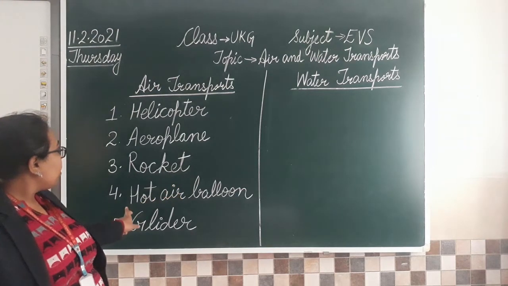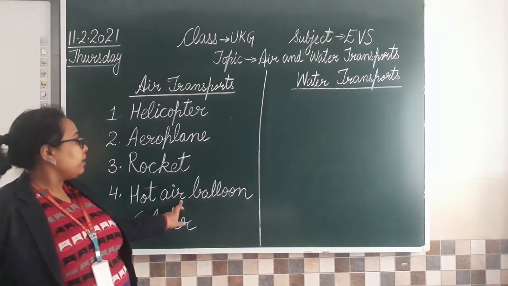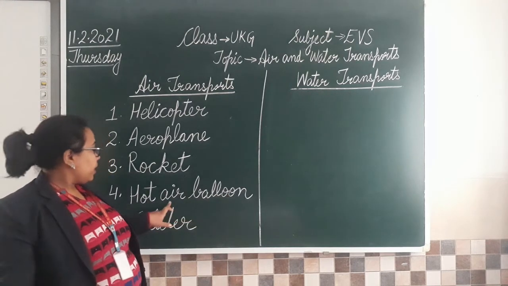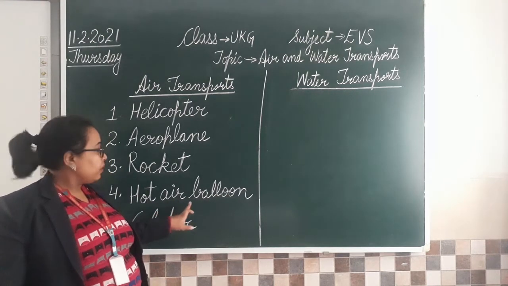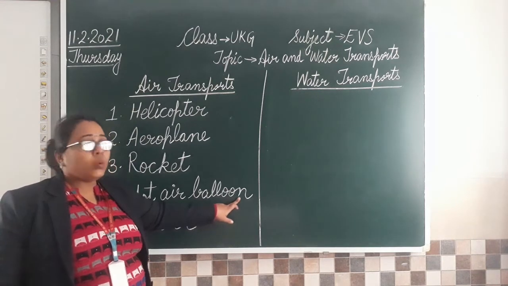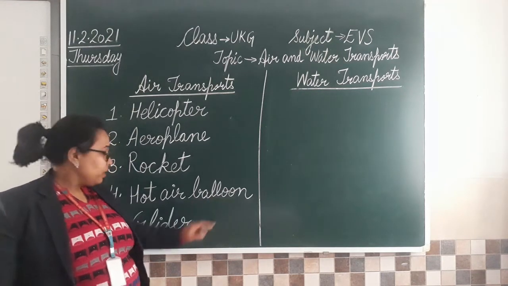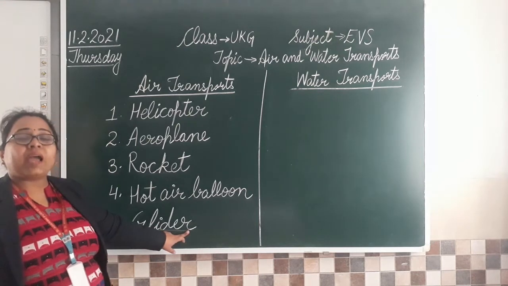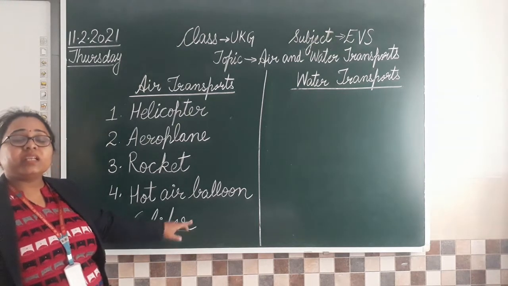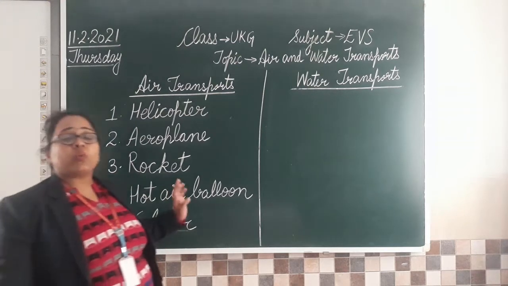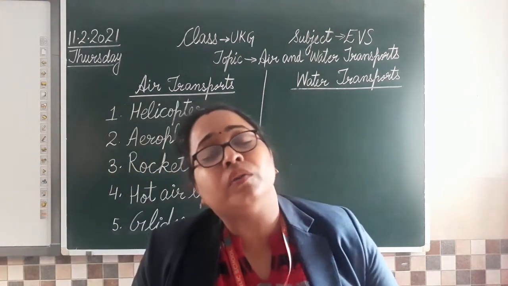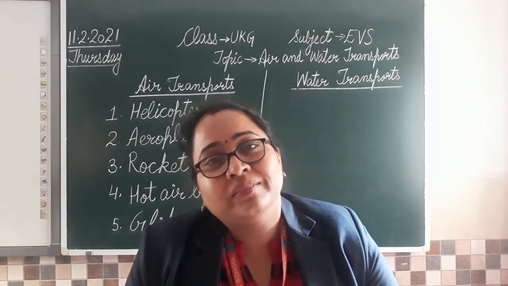Then we have hot air balloon. Hot, air, balloon. And then we have glider. Isn't it? They are easy to write, easy to pronounce if you follow the sounds there.